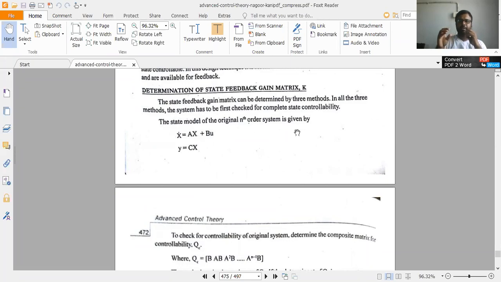In order to determine the value of capital K, the state feedback gain matrix, the system has to satisfy the controllability property.